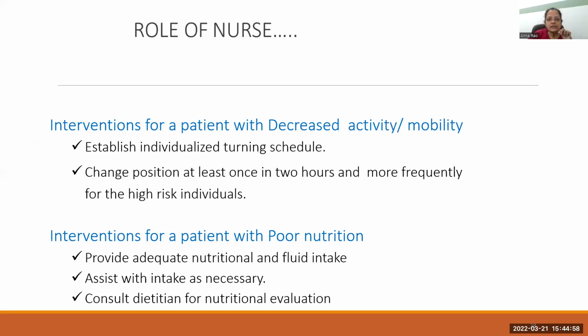When the patient is having decreased activity, we just saw it, right? Turning and active exercise and passive exercise of all the joints, not just one joint, all the joints, is important.